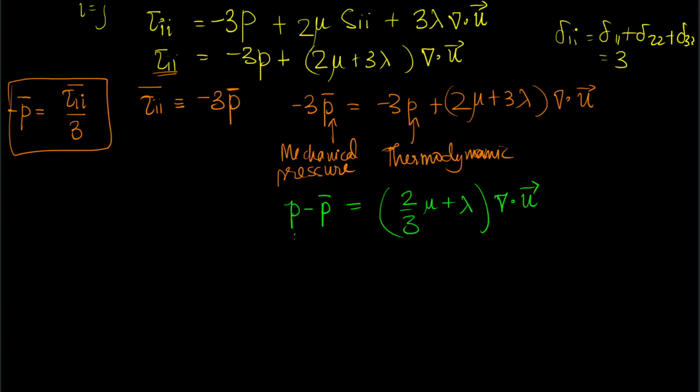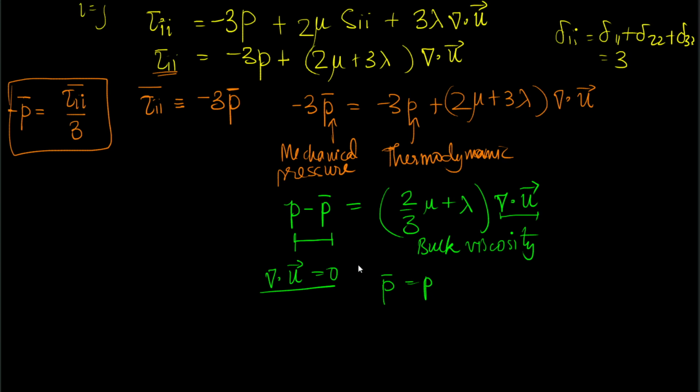So the difference between the mechanical pressure and thermodynamic pressure is manifested by means of this particular coefficient, which is called the bulk viscosity. And the bulk viscosity is a measure of the compressibility. So if the compressibility is equal to 0, that is the flow is incompressible, then the mechanical pressure and the thermodynamic pressure become equal.